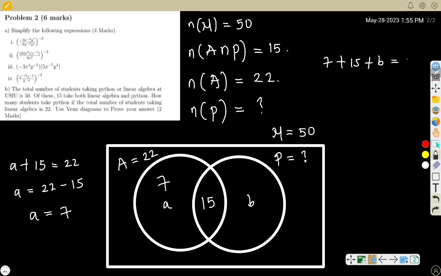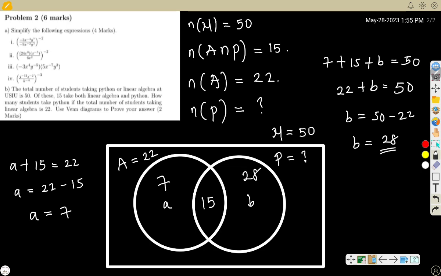So now collect like terms. 7 plus 15 is 22, plus B equals 50. B equals 50 minus 22. B equals 28. So we know here now to be 28.